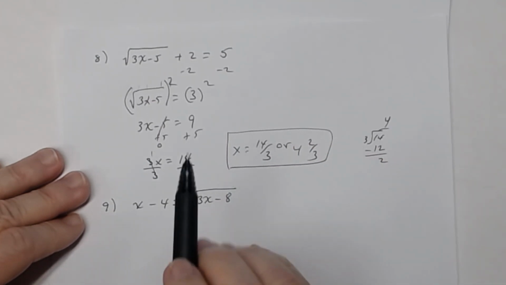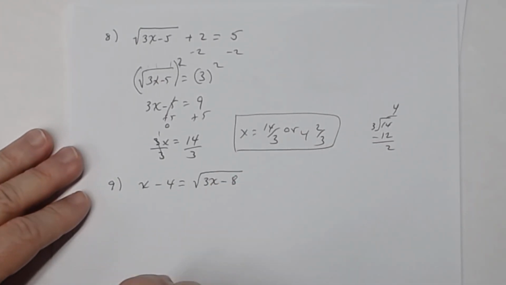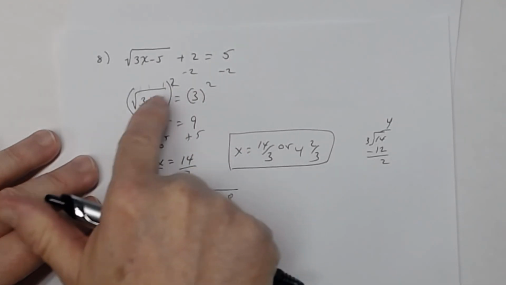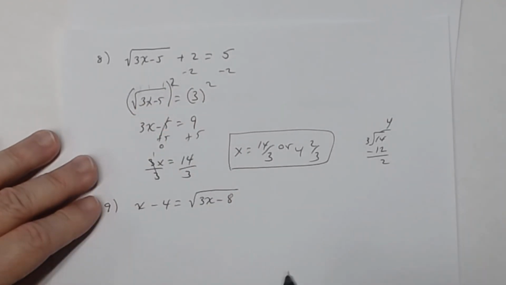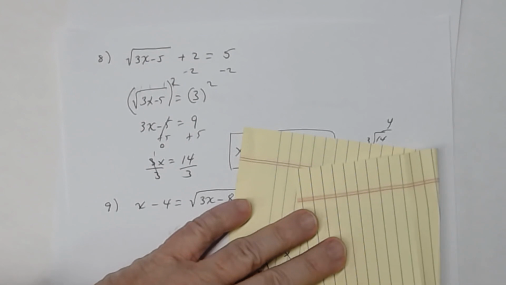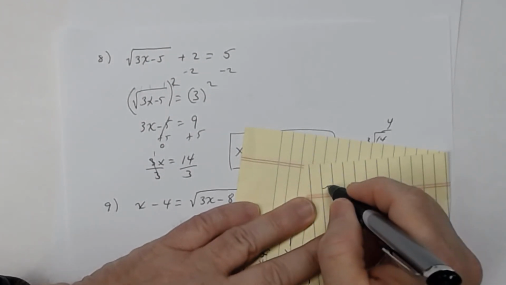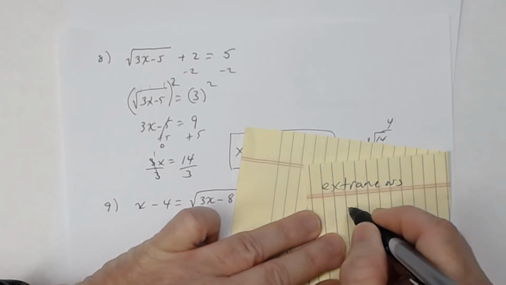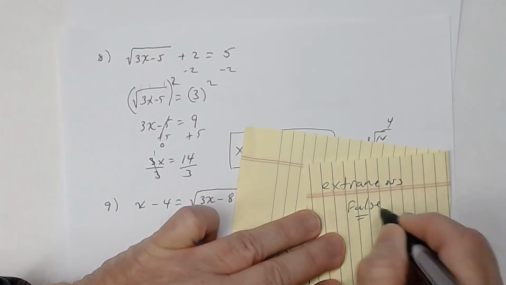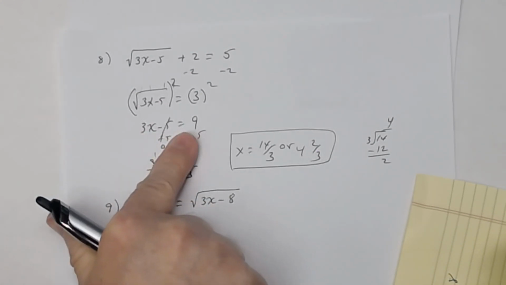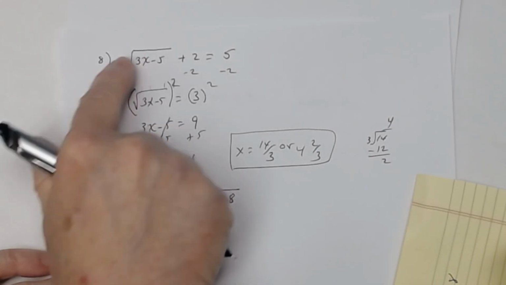Now, remember though, and this is going to be important here, when you raise both sides to an even power, which is what I did here, it is possible that you could have introduced extraneous solutions. And we talked about that. Extraneous solutions are that idea of false solutions, solutions that satisfy one part of the equation, but not the original.